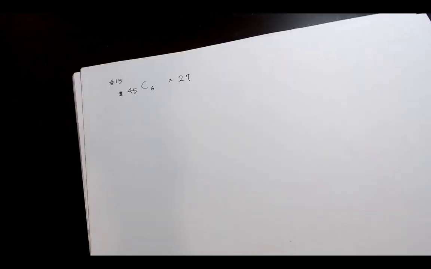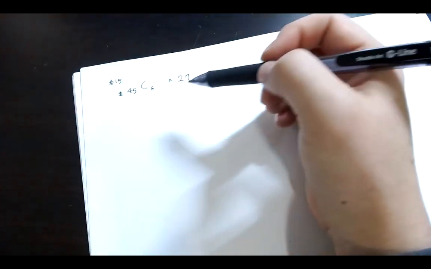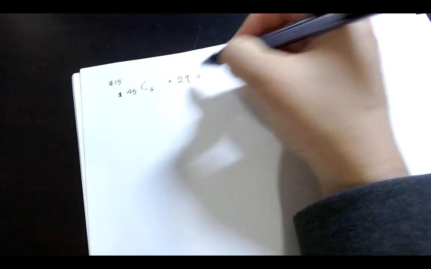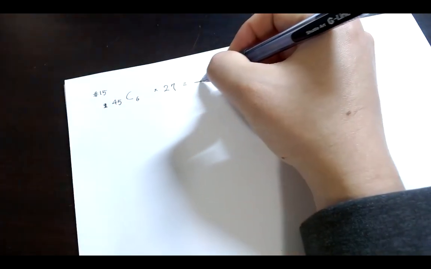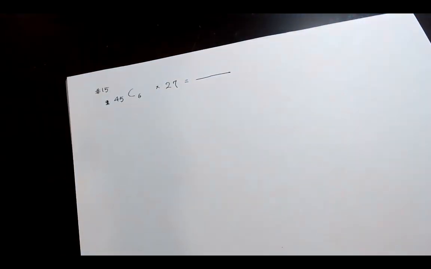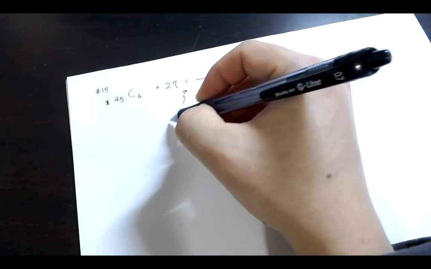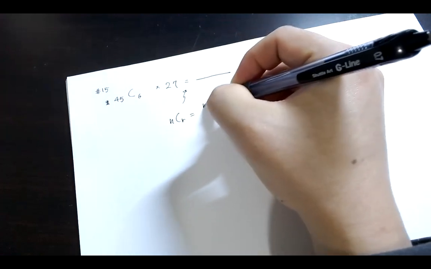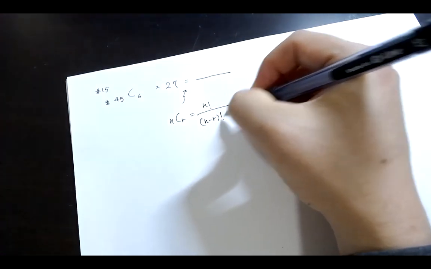You can use the formula for the combination: nCr is equal to n factorial over n minus r factorial times r factorial.